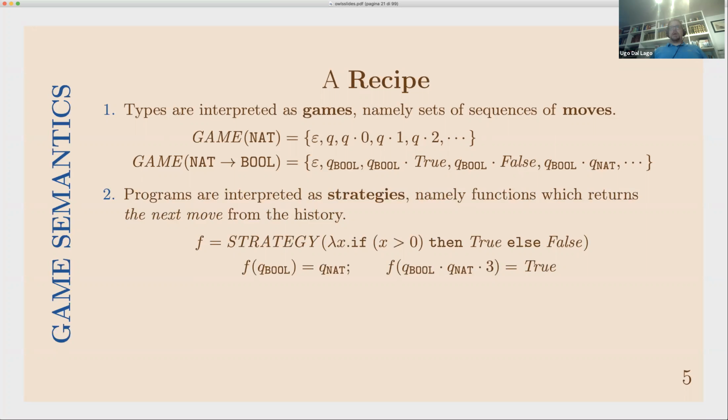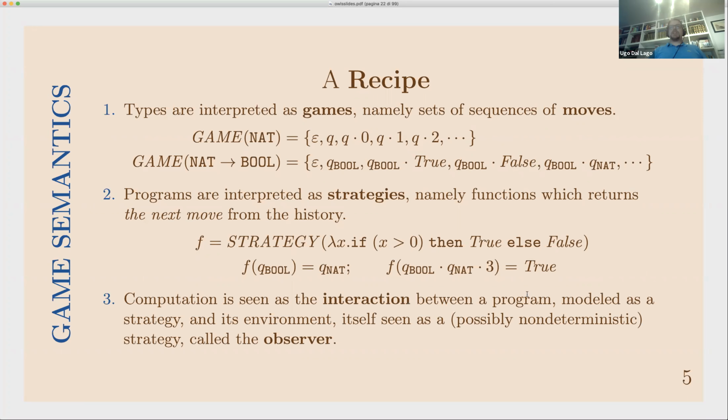For example, in the case of the program you find on the slide, which by the way tests whether the argument is positive or not, you can just reply to a situation like this one, the one in which you have Q bool, Q nat 3, by just saying that, in this case, the result is true.